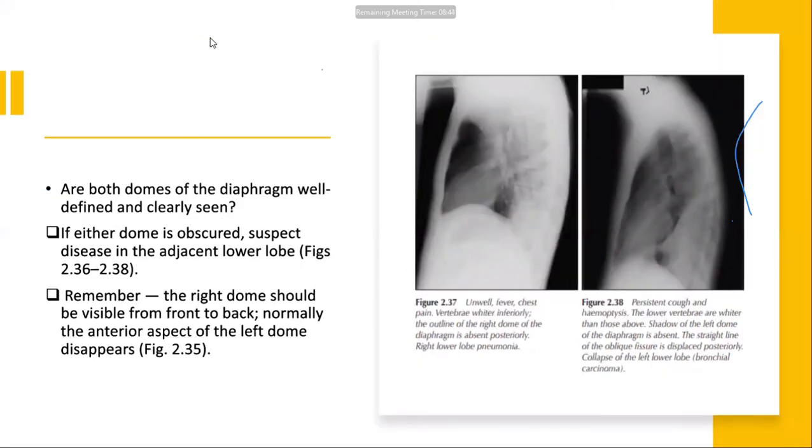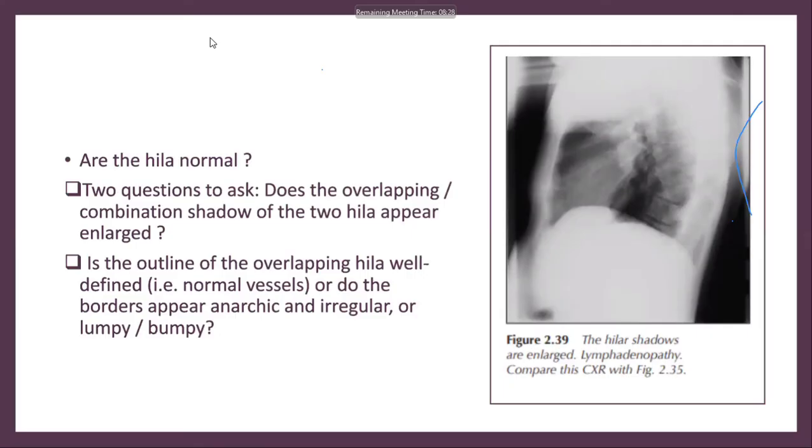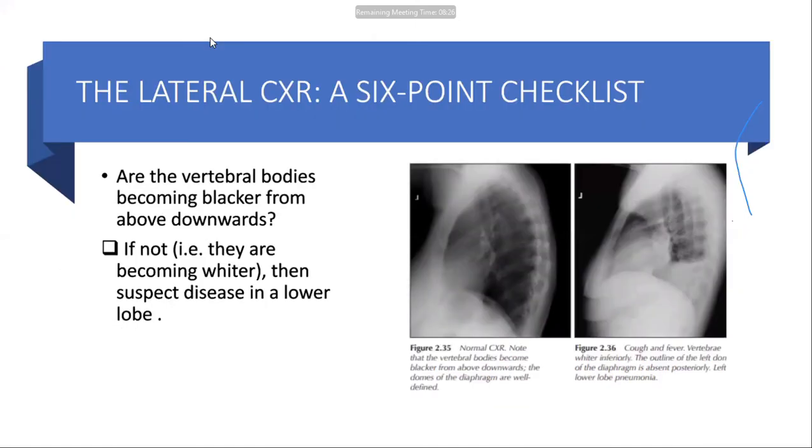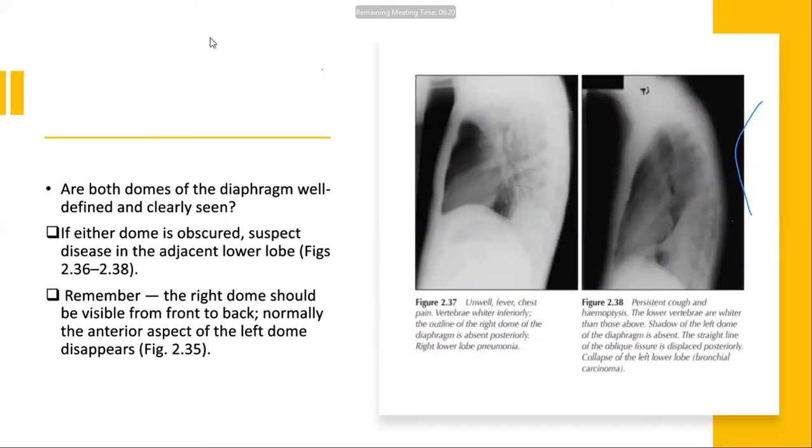And are both domes of the diaphragm well defined and clearly seen? We have already seen one thing in the previous figure. If either dome is obscured, suspect disease in the adjacent lower lobe. As we have seen in the previous one, the left dome was obscured, so we can think that the problem is in the left lung, lower lobe.